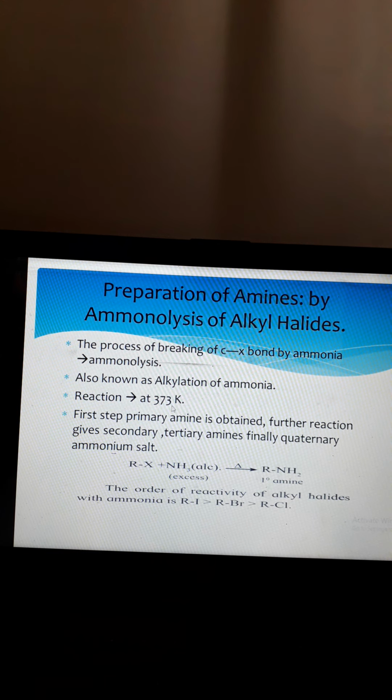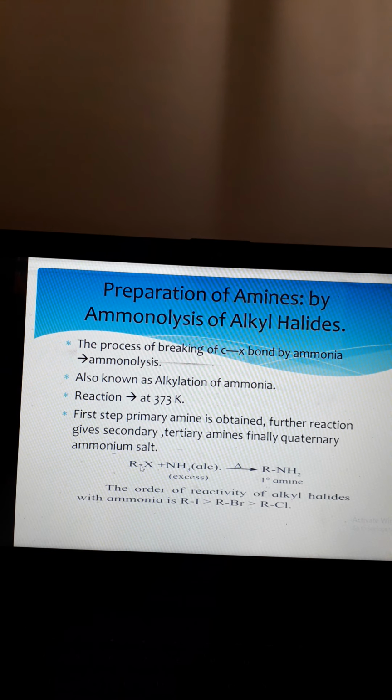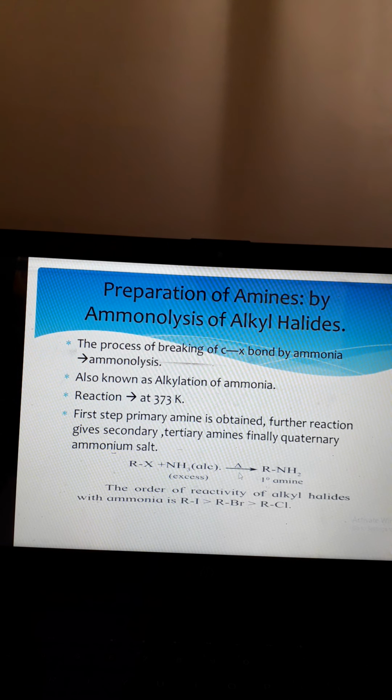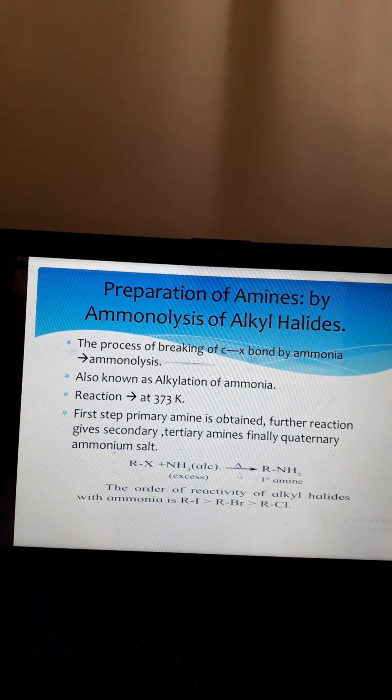In the first step, you can see the reaction: if R-X, that is alkyl halide, is treated with excess of alcoholic ammonia and heat is provided, we get the primary amine. One hydrogen of nitrogen is replaced by the alkyl group, which is alkylation of ammonia, and in the very first step we get the primary amine.